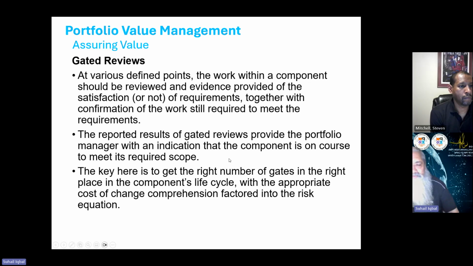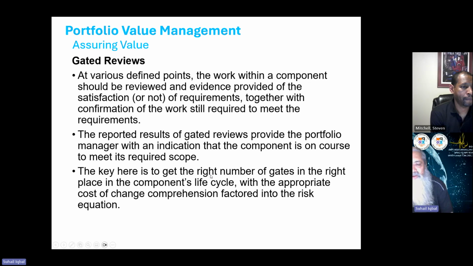In programs, we have got a slightly different mechanism of reviewing, because they still have gates, but every component of the program is maybe separately done, maybe they are inter-coordinating with each other or something like that. So they could have assigned gates where you can check.